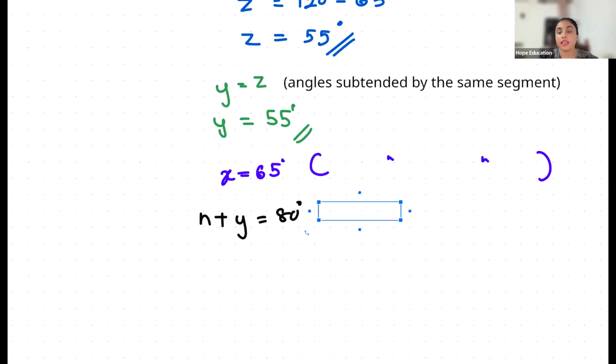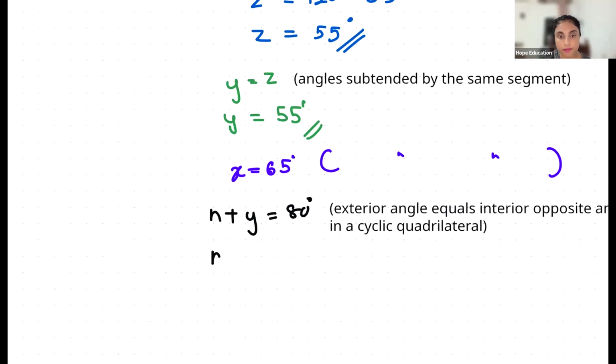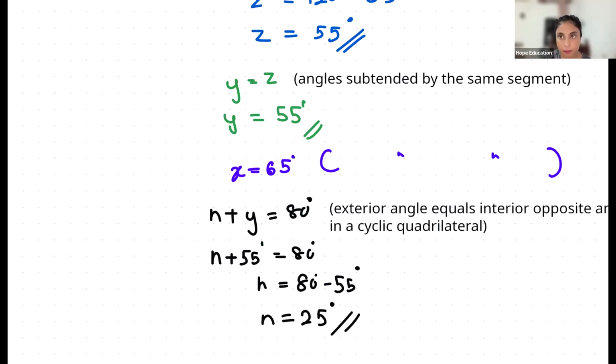Exterior angle equals interior opposite angle in a cyclic quadrilateral. And now y වල value කොහොමද දානවා 55 equals 80. So n කියන්නේ 80 minus 55. Therefore n would be 25. Is that clear?